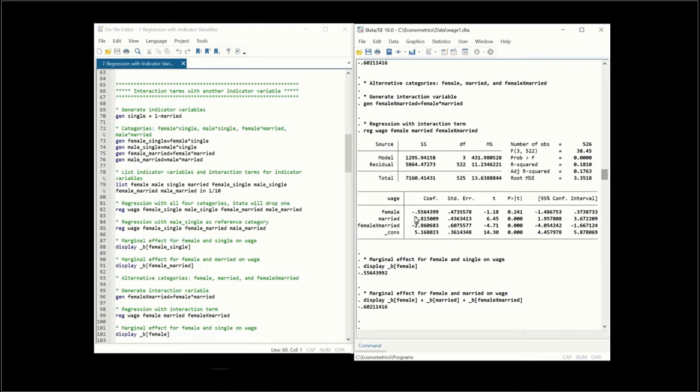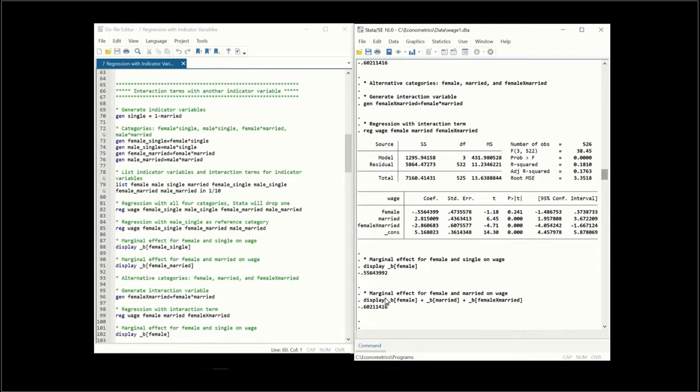So it's basically just this coefficient, and it's minus 0.56. And so this coefficient also is not significantly different from 0. So this is the marginal effect for female and single on wage. And if you go back, you will see that this was exactly the same effect that we estimated before.